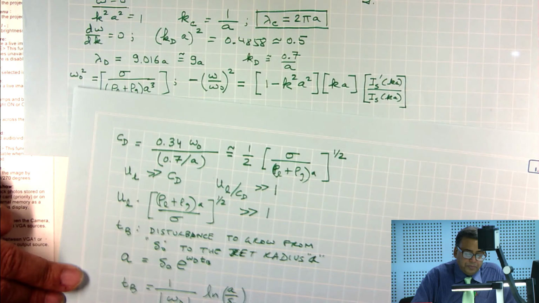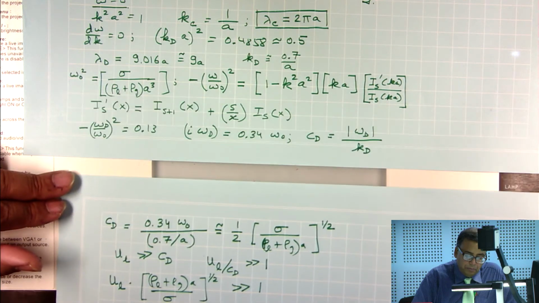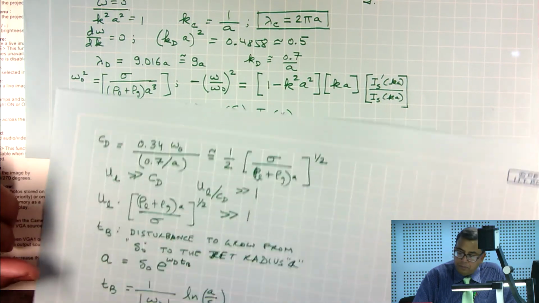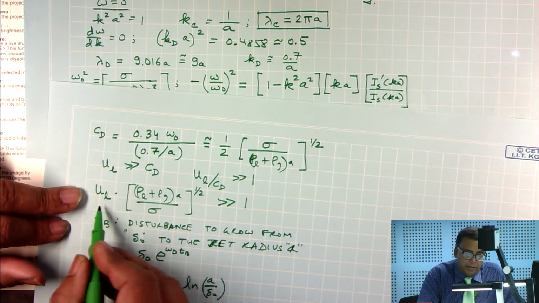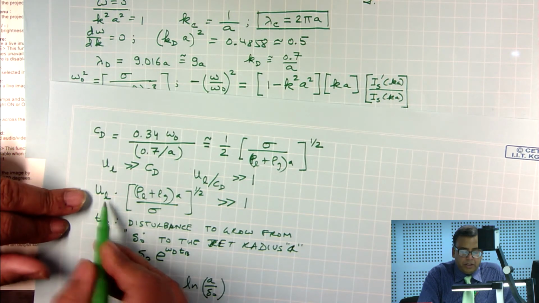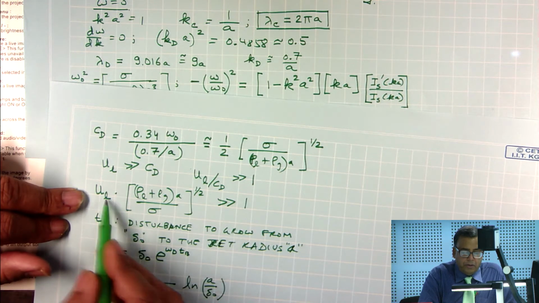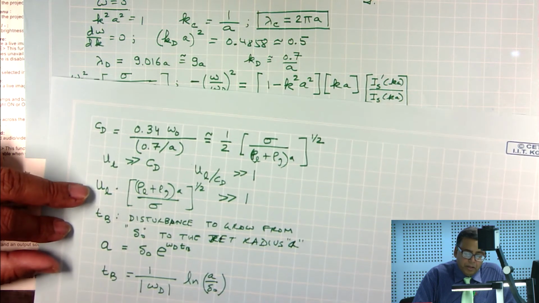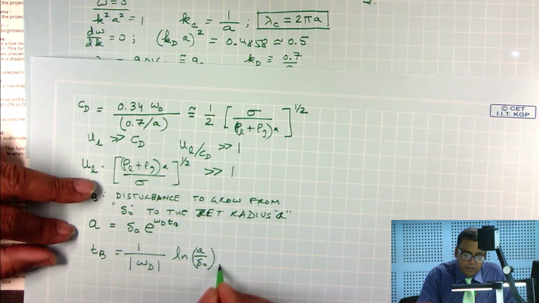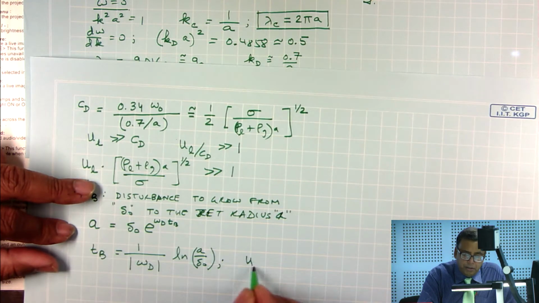Now, I made this assumption that the constraint on this whole thing is that UL should be much bigger than CD. Let us, for simplicity, assume that UL is some multiple of CD.